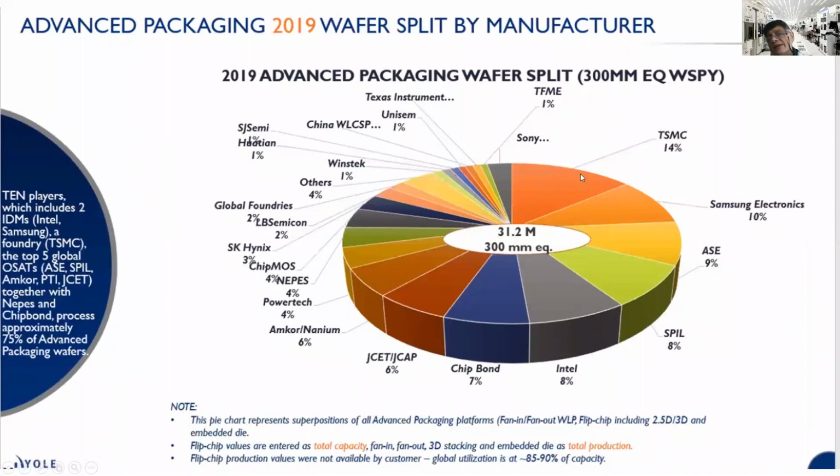The dominant players are TSMC, which is a foundry, and TSMC has actually taken over SPIL. So their market size is actually around 22% odd. And then you have Samsung Electronics, which actually came in from nowhere and carved its own position out, and it's growing rapidly in this place because it's pioneered a part of packaging called the panel level packaging.